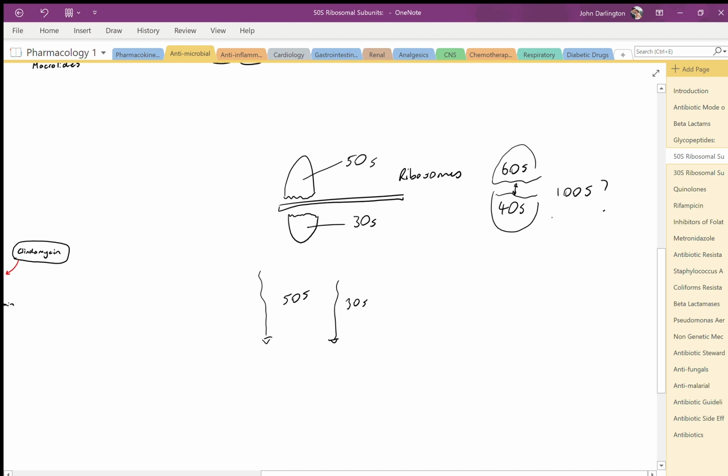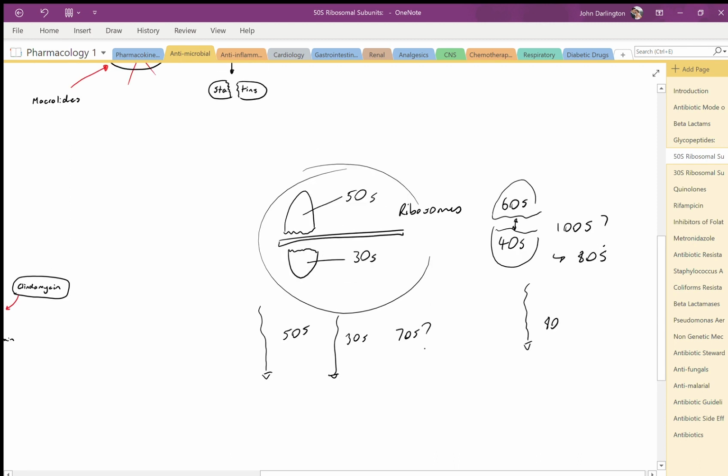That's not actually the case. It actually works out to be 80S, because them combined together just seem to fall at a rate of 80S. It's also the same for bacteria. I can't remember how quickly when these two are combined, but it's important to know because you might see various things written in textbooks. I think it's 70S when they're combined, but I'm not 100% sure. But usually they just refer to the 50S and the 30S.